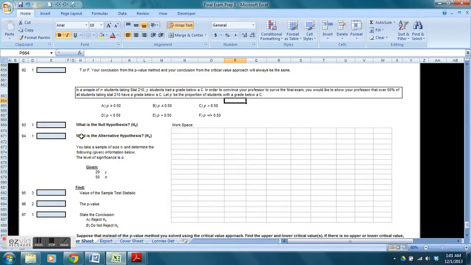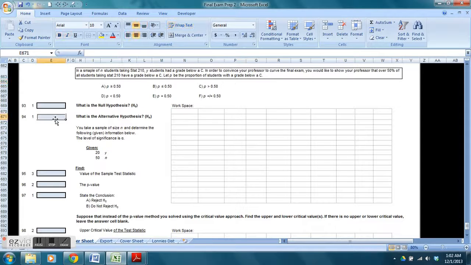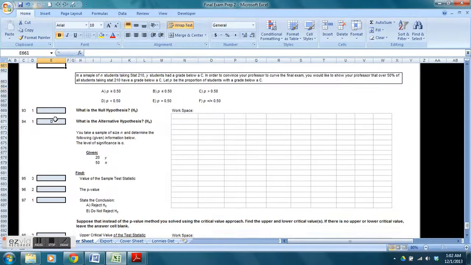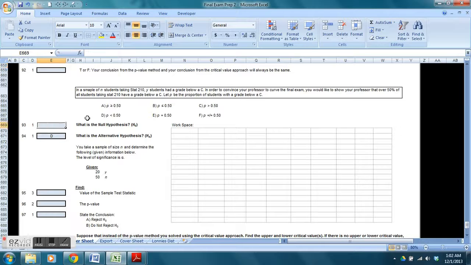What we're trying to prove is that P, the proportion of students with grade below C, is less than 50%. So that would be D, leaving the null hypothesis to be the complement of that, that P is greater than or equal to 50%, which is A.